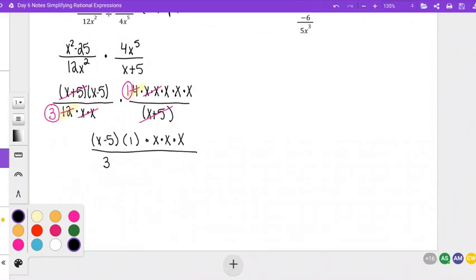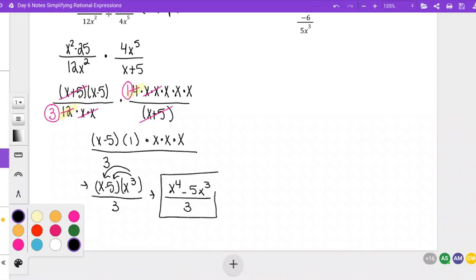So now really all we have to do is combine like terms: x minus 5 times x cubed all over 3. And remember, we always want to write our final simplified answer in standard form. So x cubed times x is x to the 4th minus 5x cubed, all over 3.